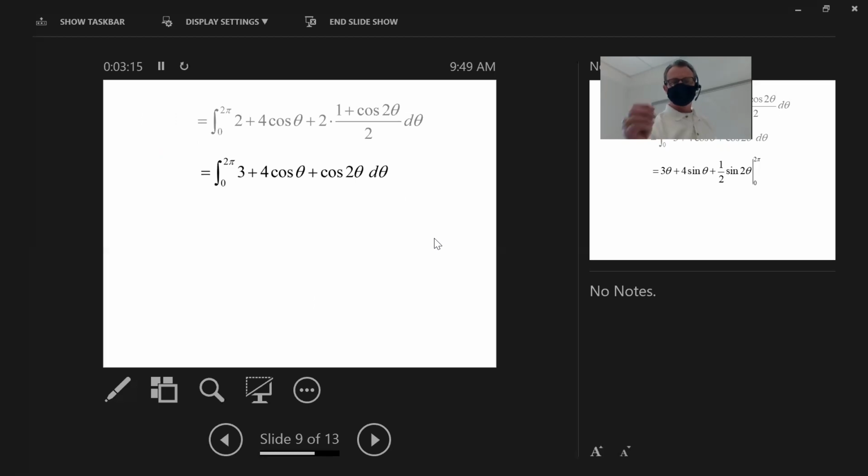So now what? Well, they reduce the 2 and they combine the 2 and the 1, give a 3. The constants.